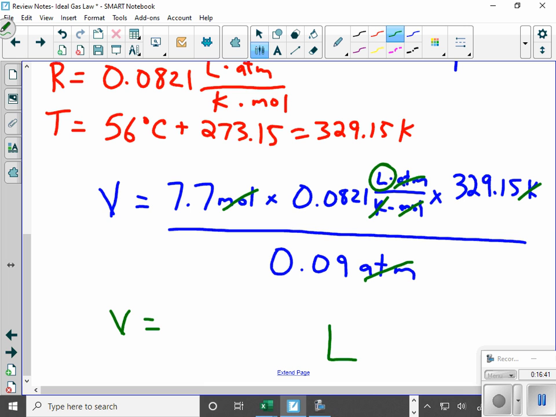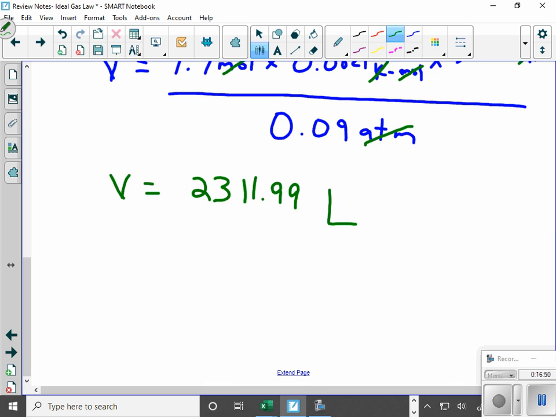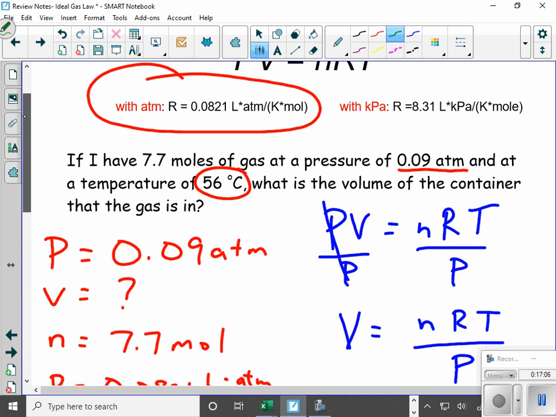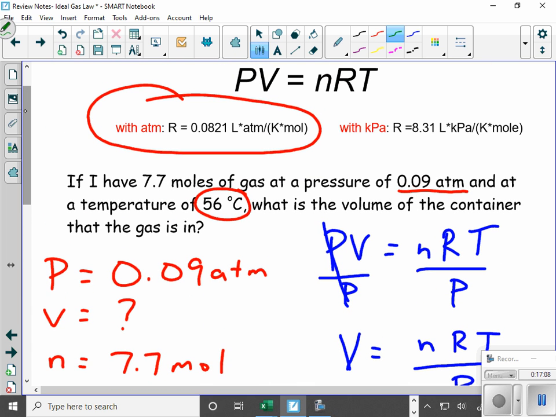And when I did my calculations with this, I came up with a value of 2,311.99 liters. Now, how many significant figures do I need here? I go back up to my problem. How many do I have right here, Cody?